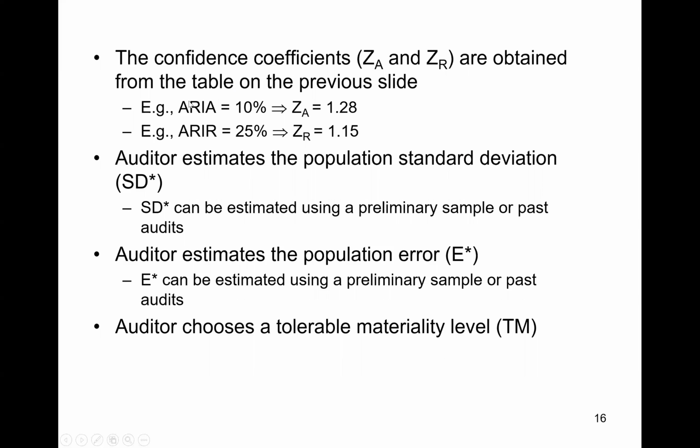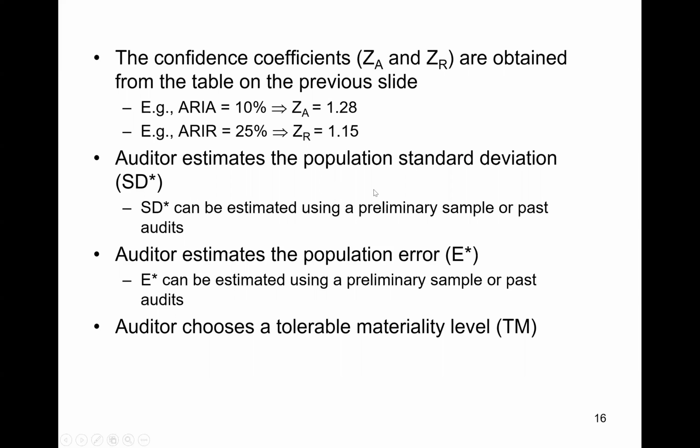This is this risk. And then the risk of offending the client by telling them that their balance is wrong when in fact it's not wrong, that's this risk here. Okay, so the auditor just chooses these risks based on how risk averse the auditor is and what kind of client the auditor is auditing. Okay, so that's where the Z statistics come from.